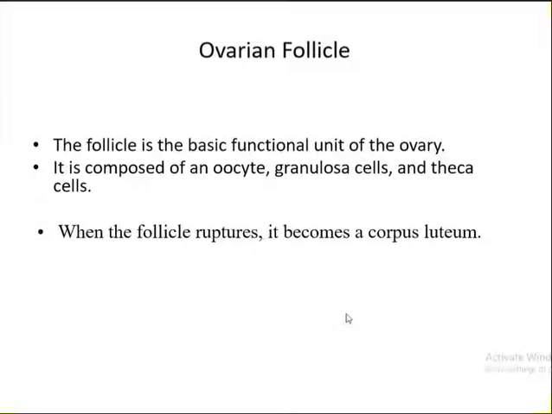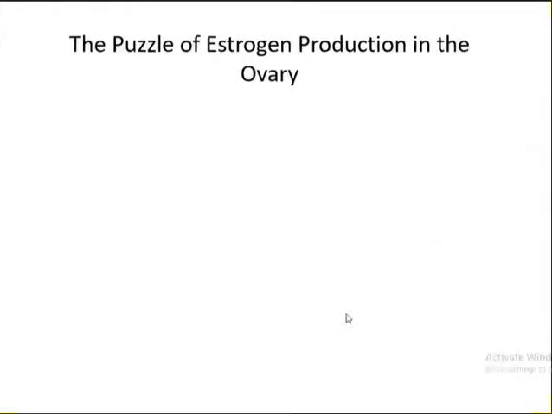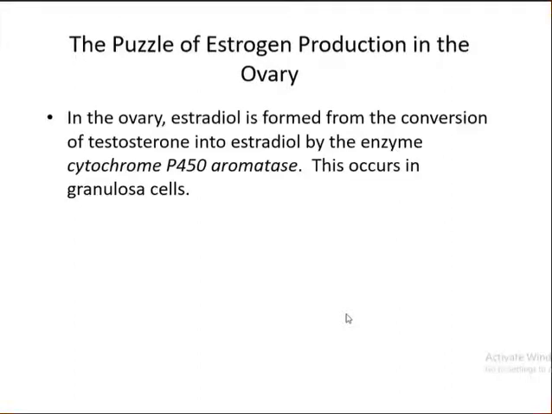The puzzle of estrogen production in the ovary. What is the puzzle? Okay, let us see. In the ovary, estradiol is formed from the conversion of testosterone into estradiol by the enzyme cytochrome P450 aromatase. This occurs in granulosa cells.